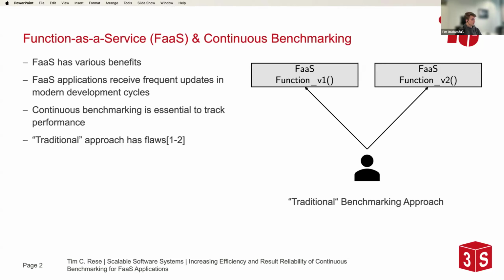The traditional benchmarking approach here is to deploy both function versions separately and then send thousands of requests to each version. However, that approach has several flaws. For example, the underlying instances that run your code could differ, and there are other uncontrollable factors present, which makes the benchmarking procedure in the traditional sense very complicated and very time and cost intensive.